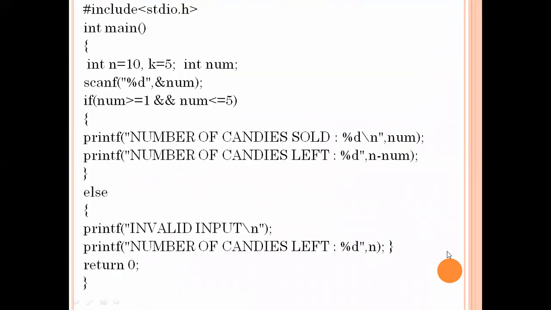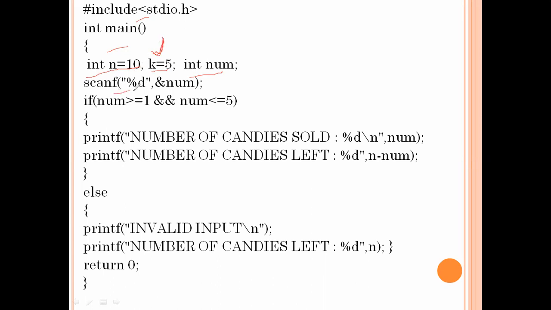Now, here is the first question. We have included stdio.h in main. Here the maximum number of candies we take as 10, K equal to 5, and int num. Now here K is the minimum number of candies at any time we have in the jar.